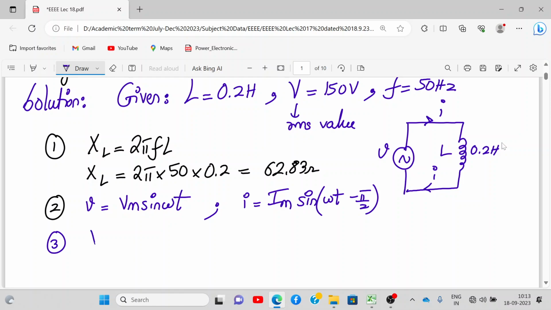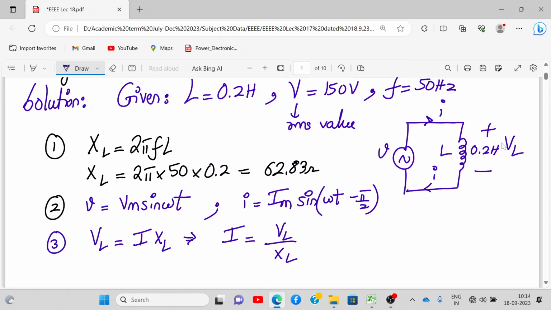Please also calculate VL. VL will be I into XL. So what will be I? VL upon XL.